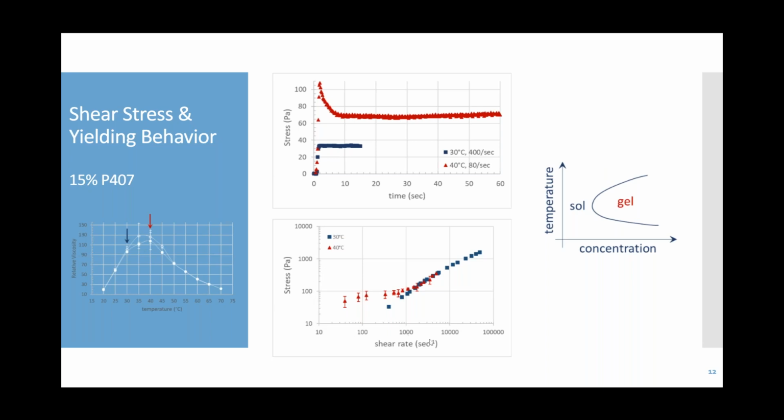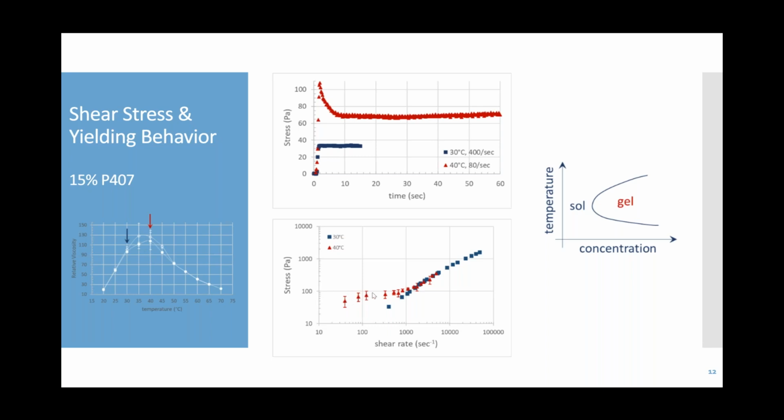Another indicator that we have this type of yielding behavior is if we look at stress as a function of shear rate. Again, I have both of these temperatures to show the contrast. At 30 C, we have a very typical response where everything is flowing nicely, no concern about yielding, with a consistent increase in stress as a function of shear rate, as you would expect. Whereas at 40 C, we have this region where it looks like it's within the error of the experiment.